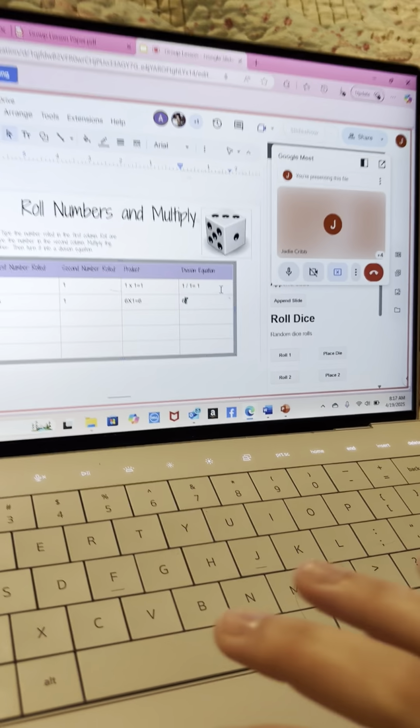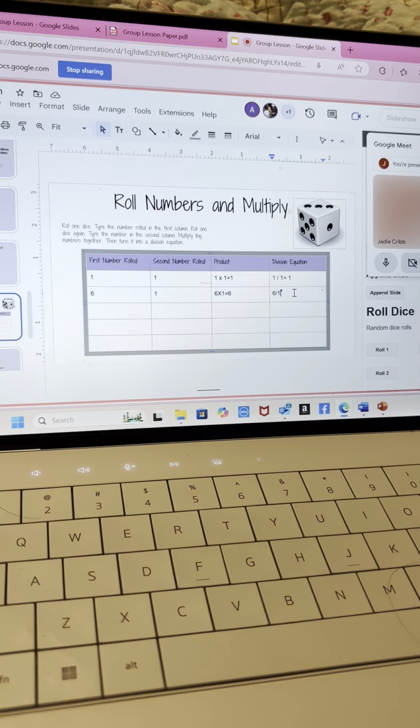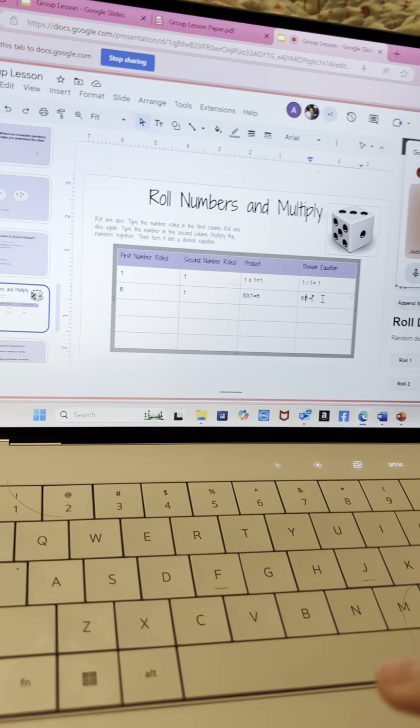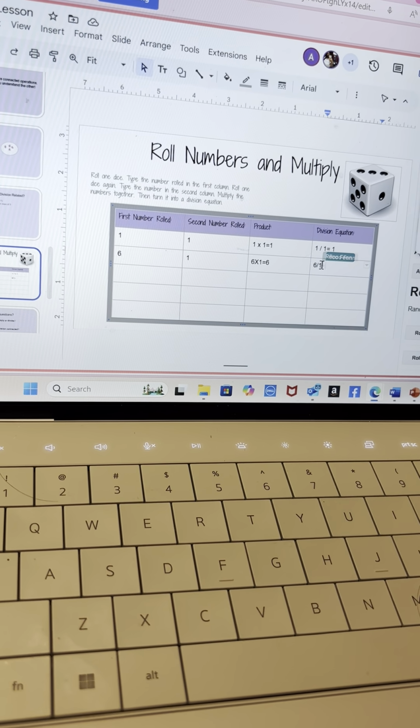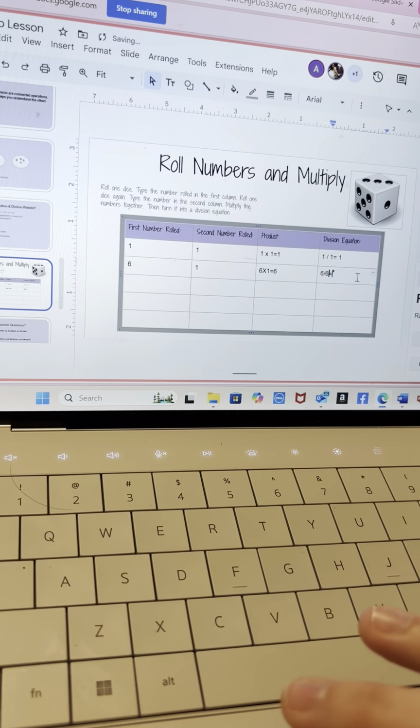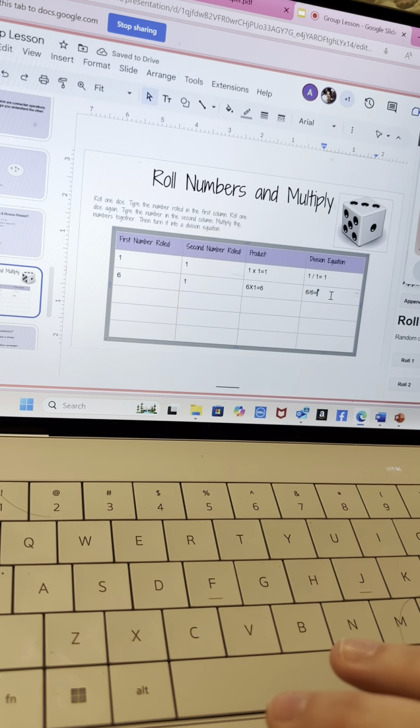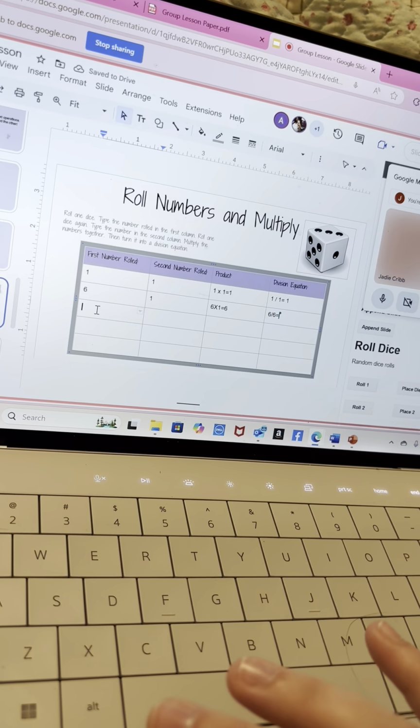Oh, because both sides have to equal the same number. That makes sense. Yeah. Okay. Got it.